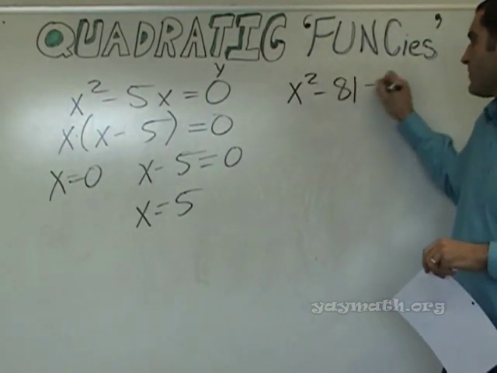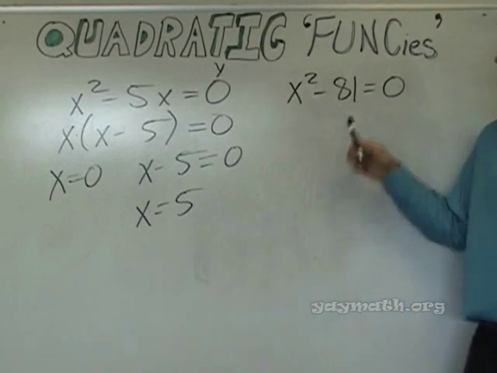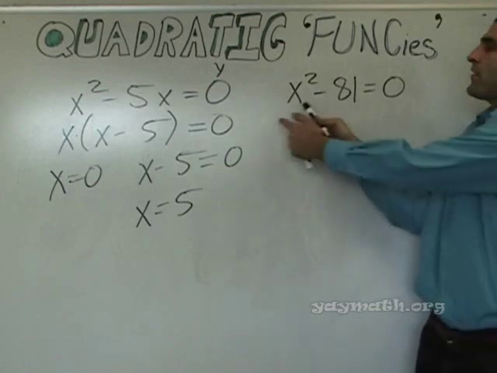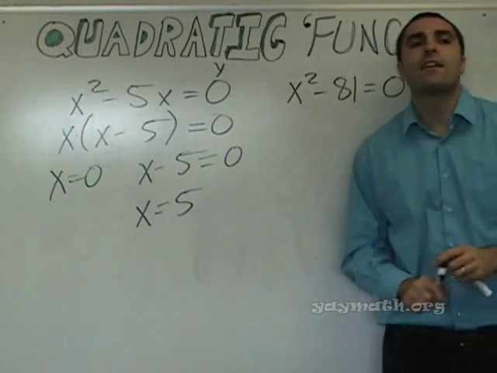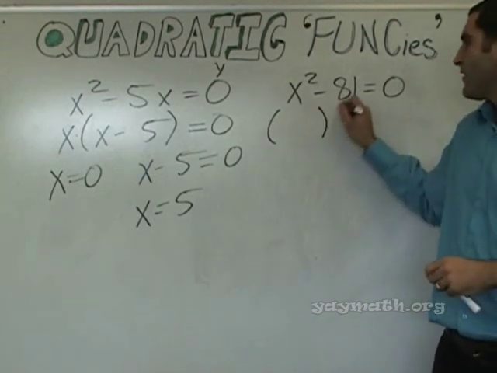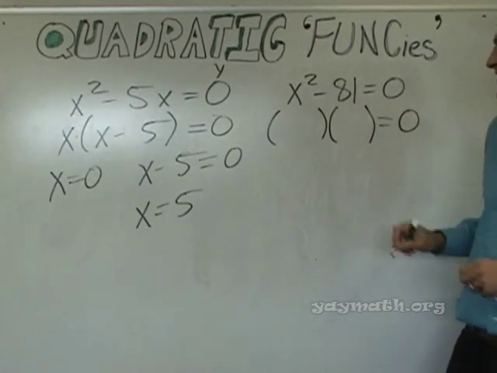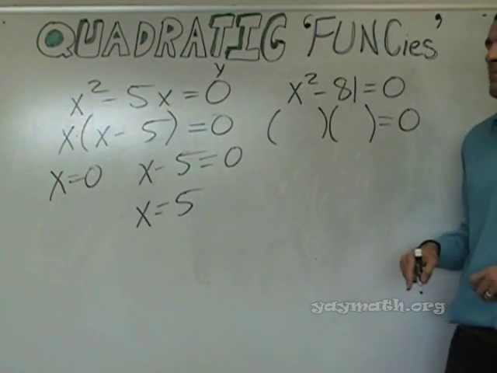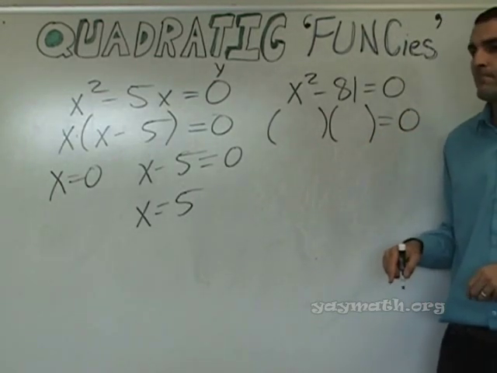Next one, difference of squares. Is this a difference? Yes. Are these perfect squares? Yes. How do we factor perfect squares, Algebra 2 students? If I had that, I'd add 9 to both sides and then take the square root of both sides.